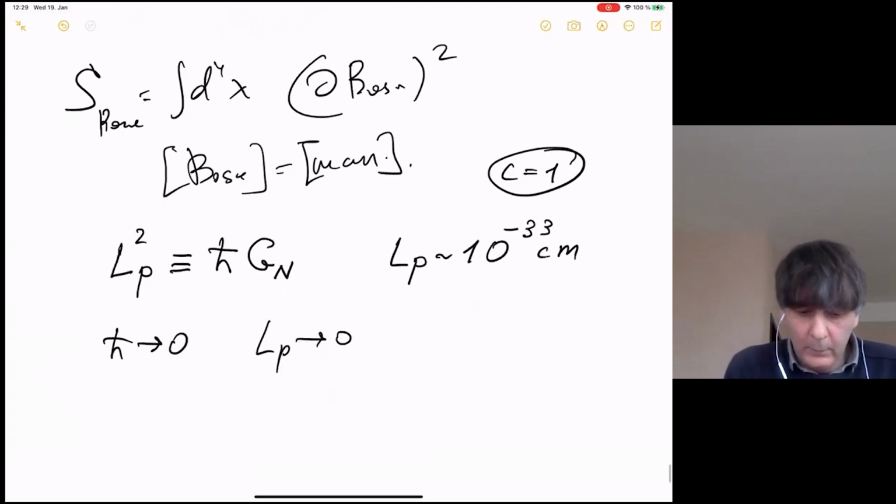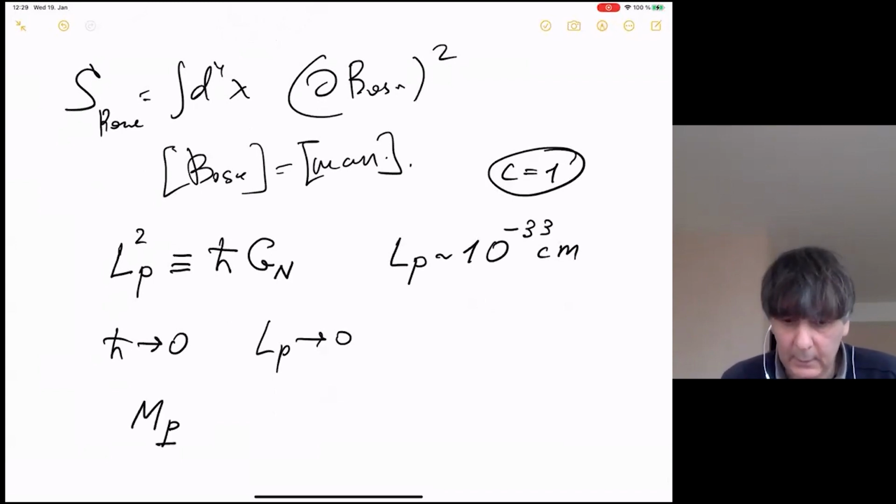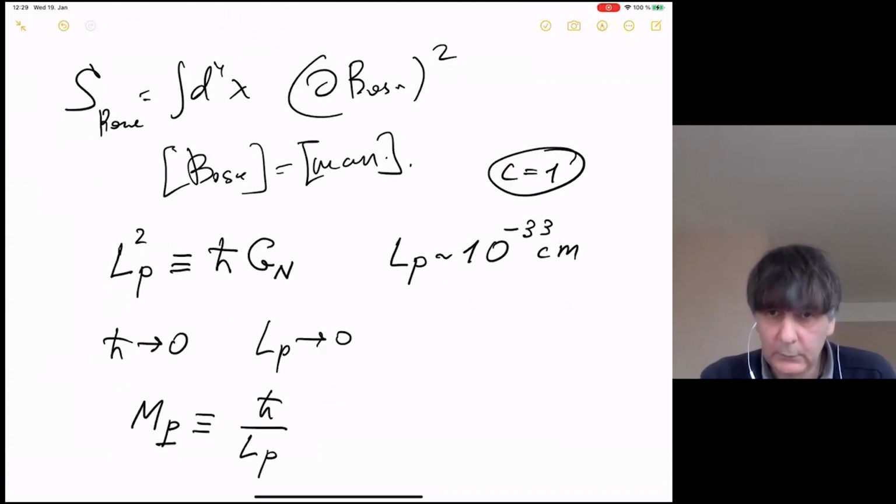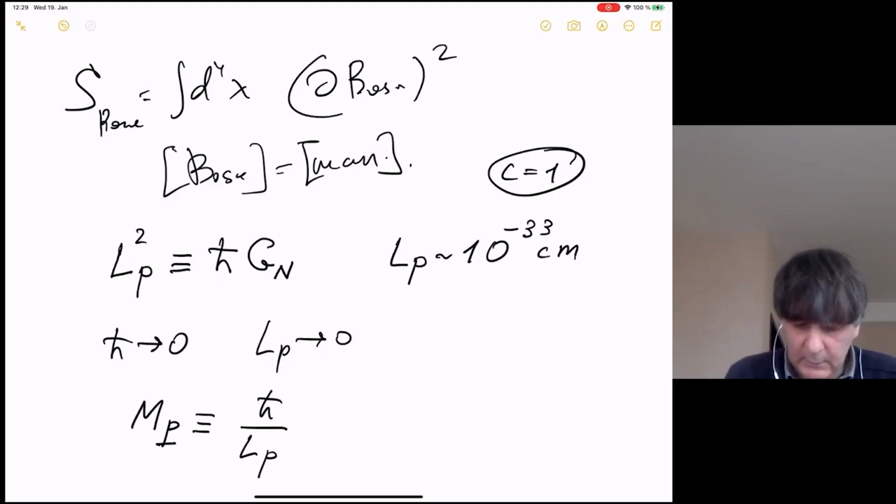So now, since we have a Planck length, we can also define a corresponding mass, and this is called the Planck mass, which we can define as h bar divided by length, because the dimensionality of h bar is length times energy, since c is 1, and so on, length times mass. So this is the mass scale.